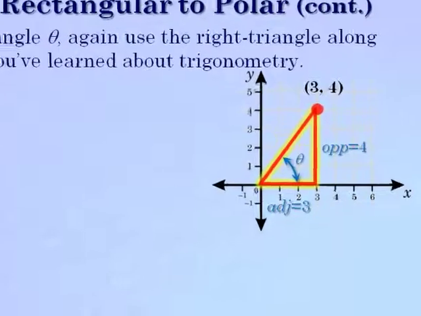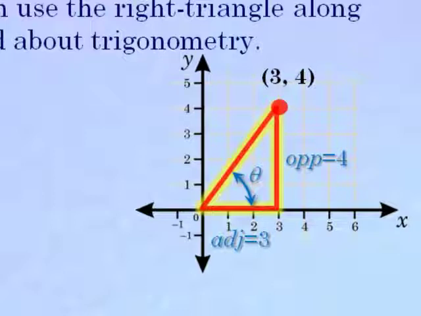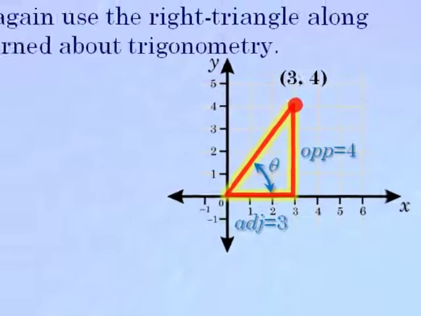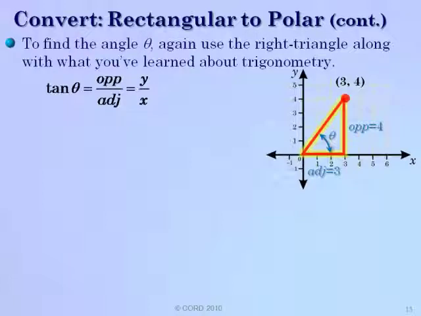To find the angle theta, we can again use our right triangle that we learned about in trigonometry, where the angle theta for that coordinate is related to the angle that has the opposite side of 4 and the adjacent side of 3. So that probably clues you in right away that that's related to the tangent of that angle. And we can take the tangent, which is equal to the opposite over the adjacent, or in this case, y divided by x.